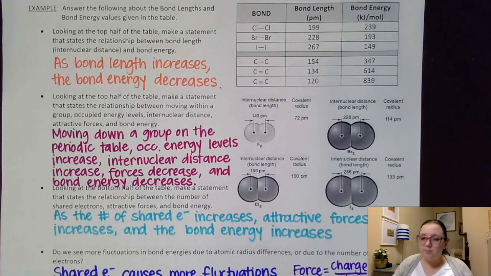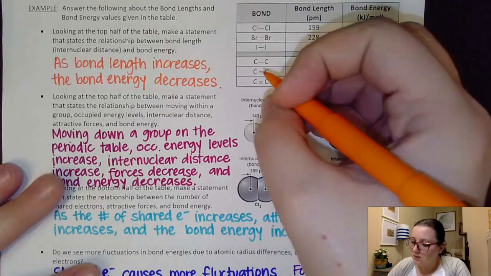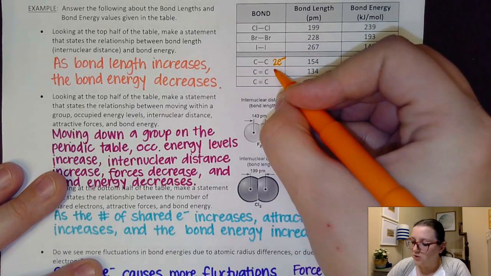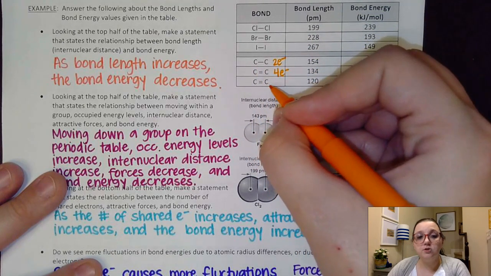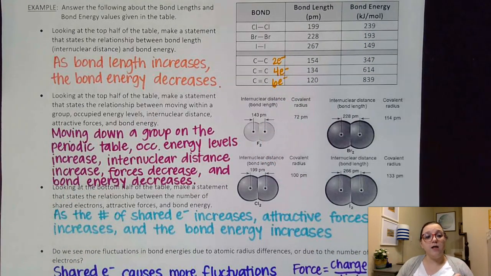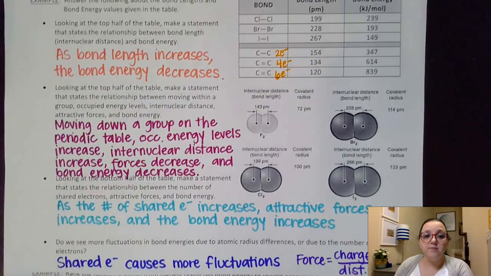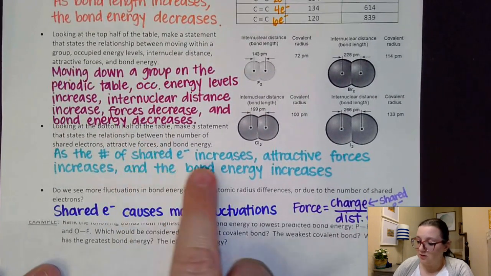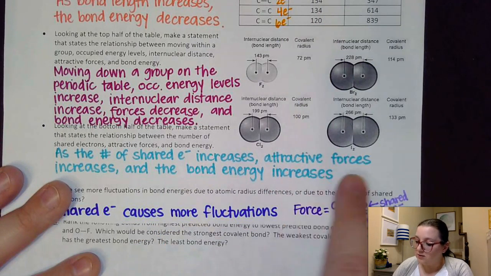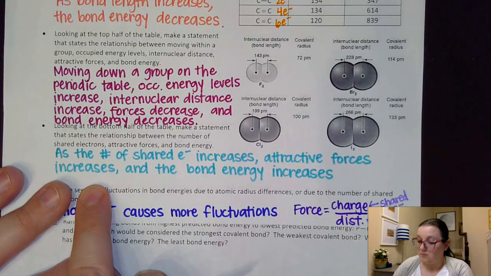Well, if you remember back to when we discussed bonding in pre-AP, a single bond would be sharing 2 electrons, a double bond would be sharing 4 electrons, whereas a triple bond will be sharing 6 electrons between those 2 elements. So what that means is as the number of shared electrons increases, as I went from 2 to 4 to 6, the attractive forces increase, okay?